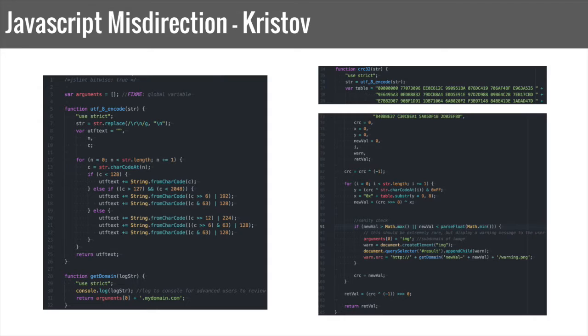When I pass newval over to getDomain, I log it. And then when I call arguments[0] there on line 31, I'm not actually grabbing the image string that I pretended to set on line 93, but actually I'm logging newval, right? I'm referring to newval, which is part of this hash that I'm trying to compute.